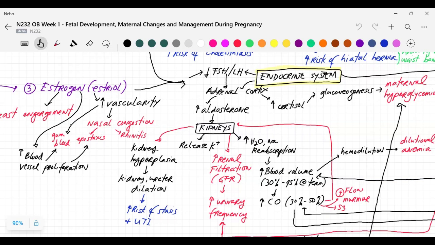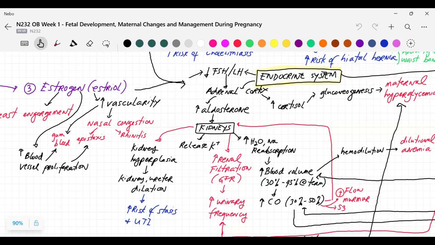But because estrogen is coming from the placenta, it brings a feedback to the brain saying, hey, I don't need any more FSH and LH because we have enough estrogen and progesterone. So then the brain decreases the FSH and LH.